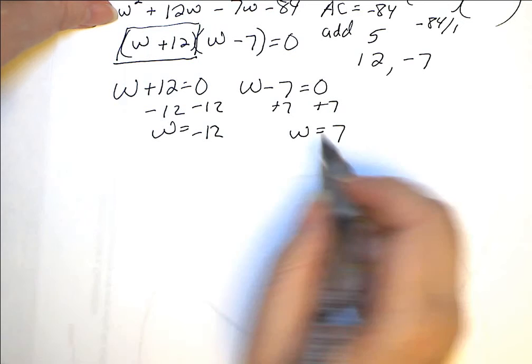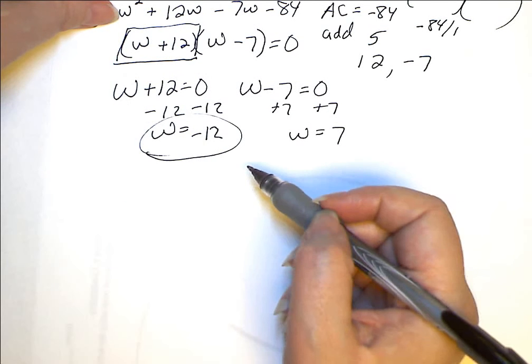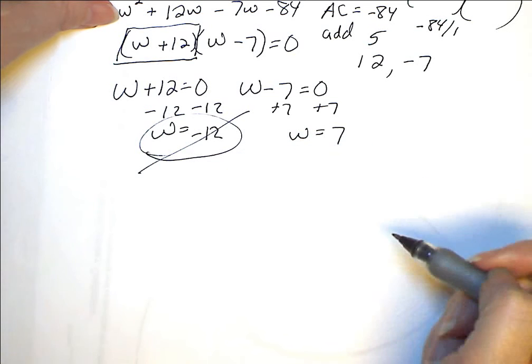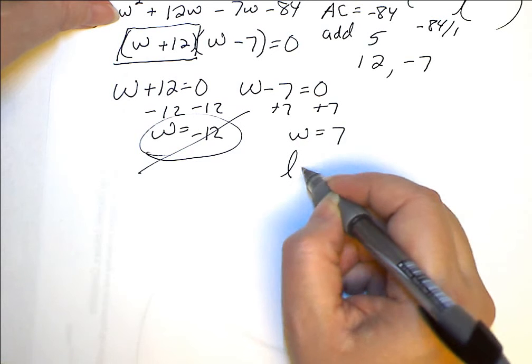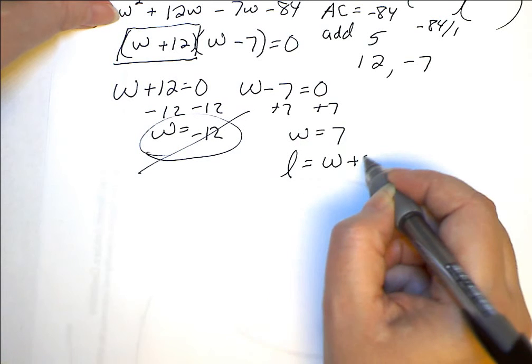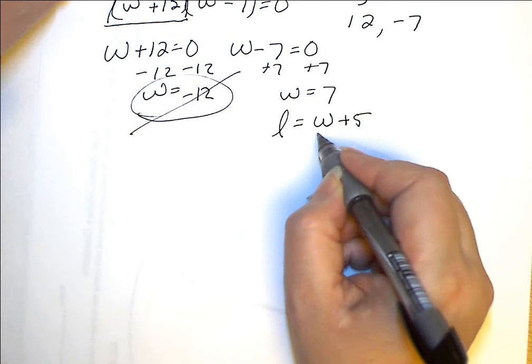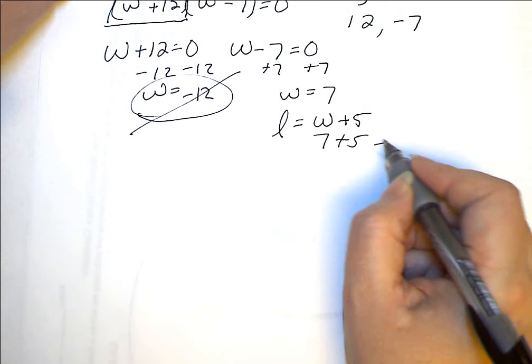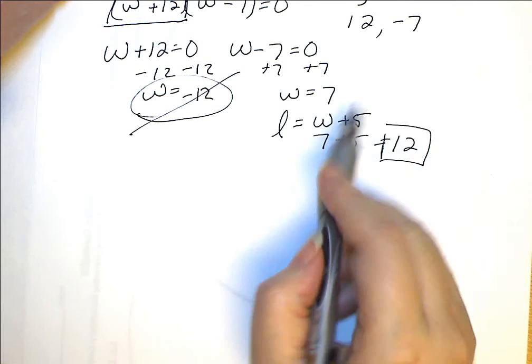But because we're talking about width, this width doesn't make sense, so we're going to cross that one out. If my width is 7, it says that my length was 5 more than my width. So we have 7 plus 5, which gives me 12, because this was from the original problem.